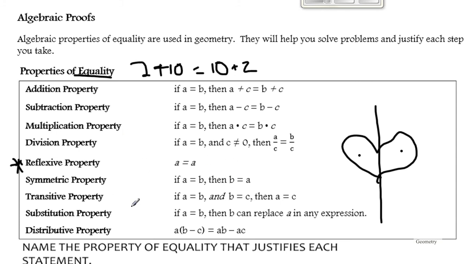All right, and then the transitive property, I like to think of this as a train. Transitive train. If this is the front of your train, and these are the two cabooses in the middle, and then this is the end of the train, if those two middle cabooses fall off, you're left with the front of the train and the back of the train.